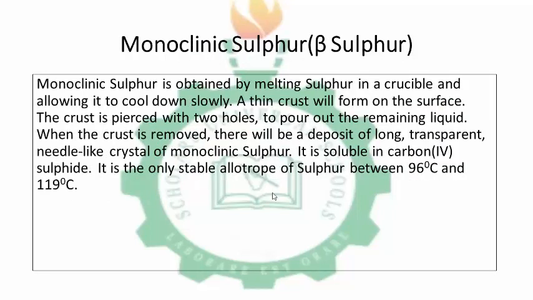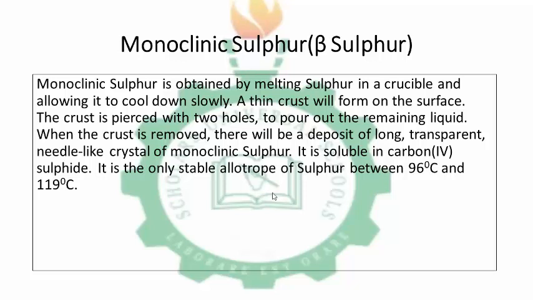Now, monoclinic sulphur. Monoclinic sulphur is obtained by melting sulphur in a crucible and allowing it to cool down slowly. Now, a thin crust will be formed on the surface of the crucible, and the crust is pierced with 2 holes to pour out the remaining liquid.